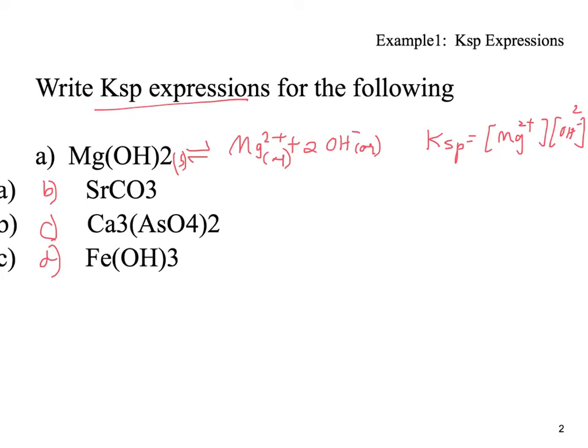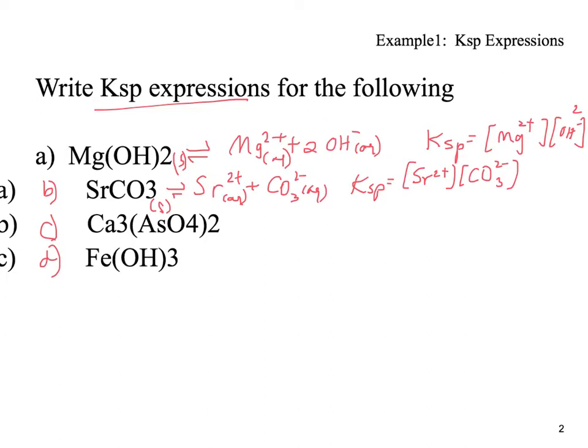If you had to do that for strontium carbonate, that's going to give you Sr2+ and carbonate 2-. And so the KSP is going to look like strontium times carbonate.